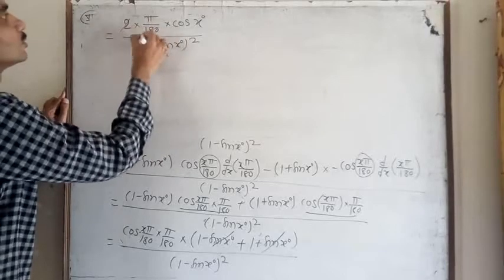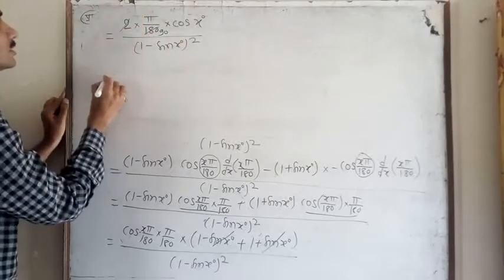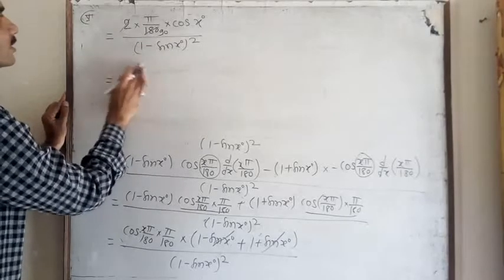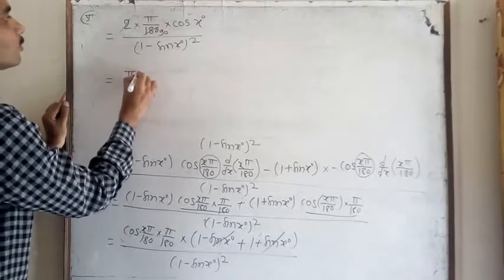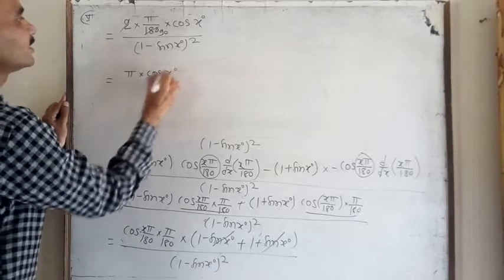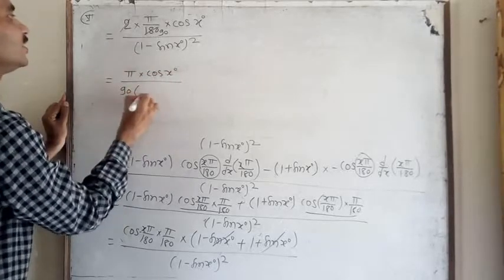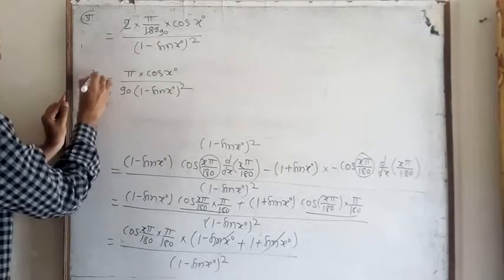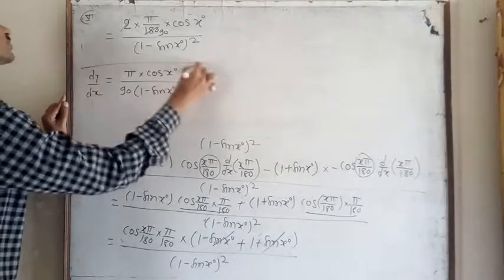So after dividing this, we get pi into cos of x degree upon 90 into 1 minus sin x degree bracket square. This is our dy by dx.